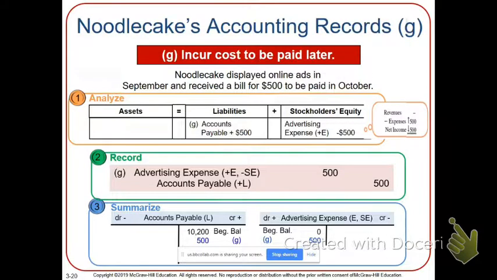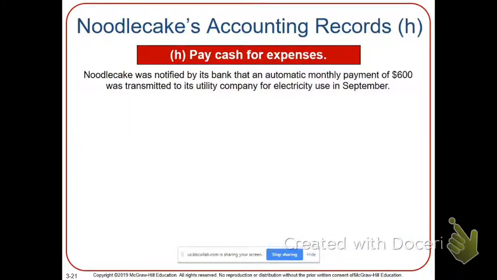I think there's two more. Noodle Cake was notified by the bank that an automatic monthly payment of $600 was paid to the utility company for September. Electrical use for September. So what would we do here? Supply expense? I would probably just call it utility expense, because supplies usually means more like pens and pencils, that type of thing.